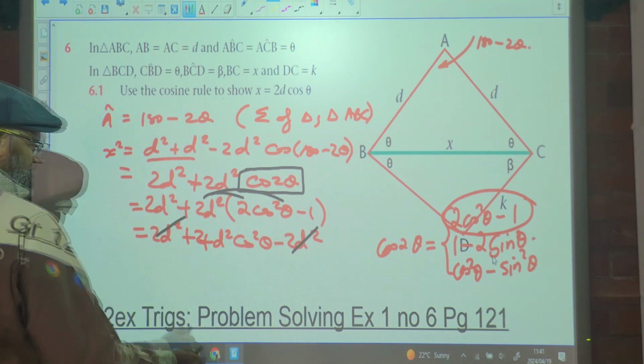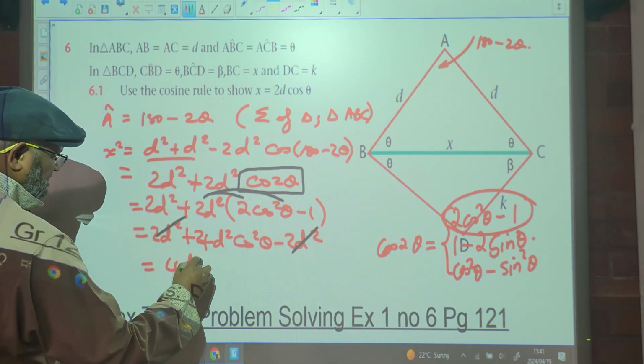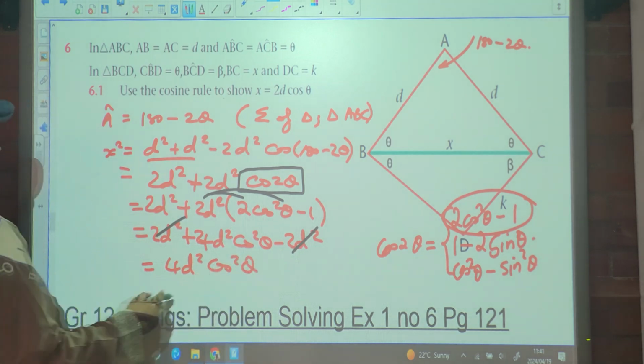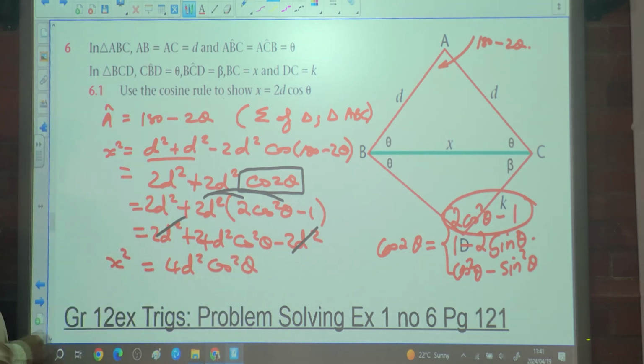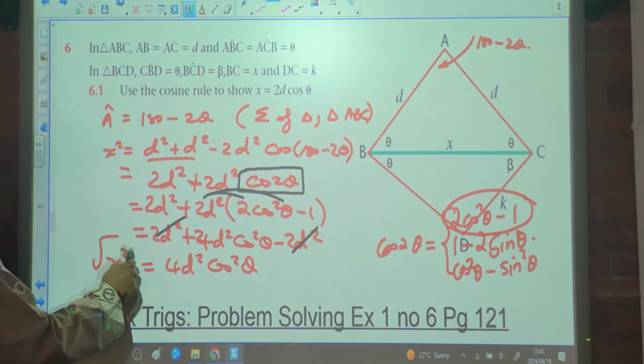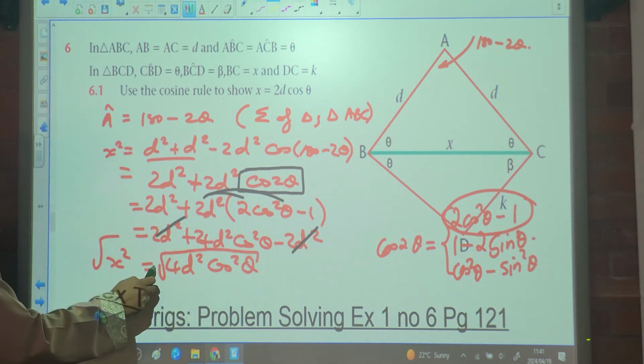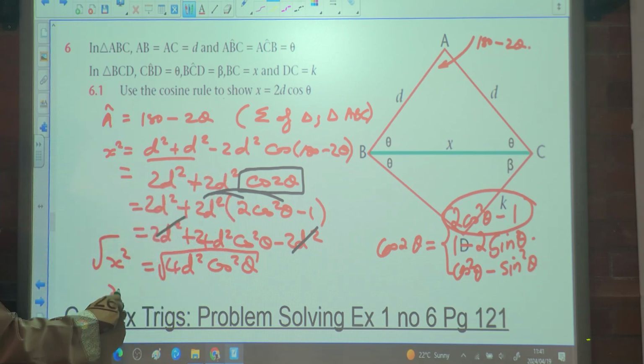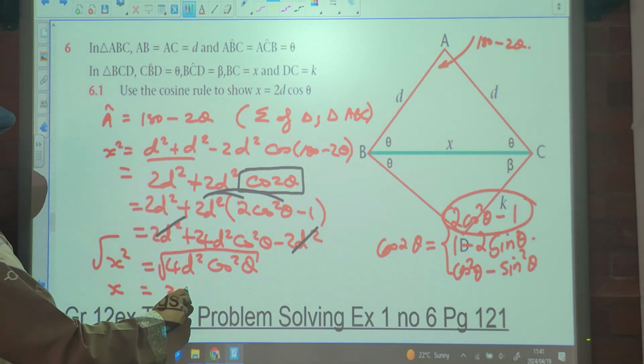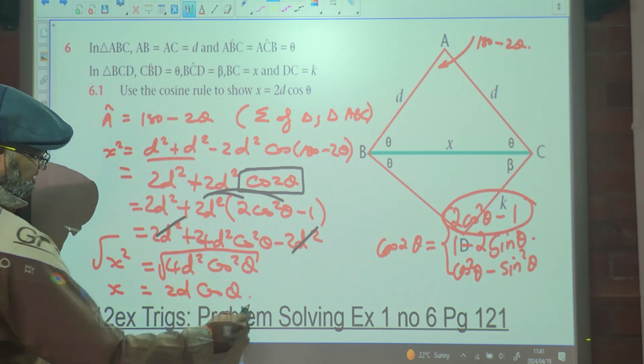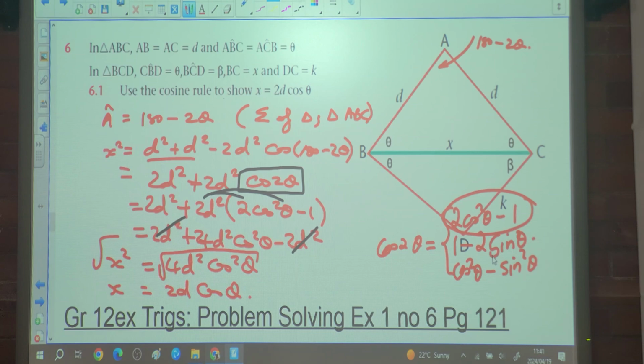That cancels, leaves you with 4d squared cos squared theta. Square root. You use plus minus, but we're talking about length, so it's never negative. So x is equal to 2d cos theta. Okay. Any confusion there?